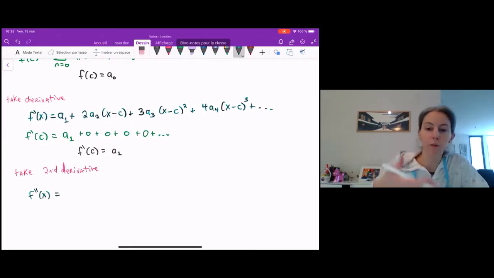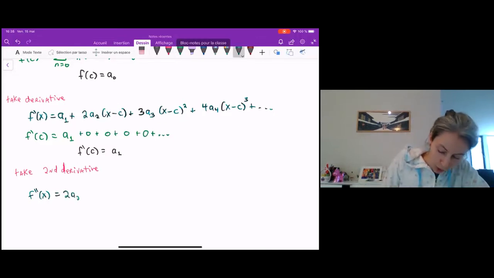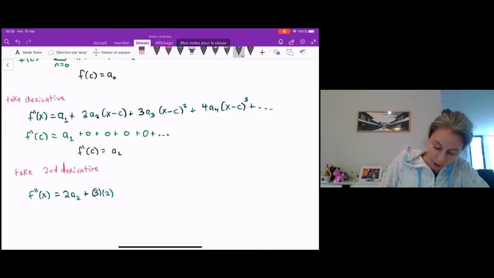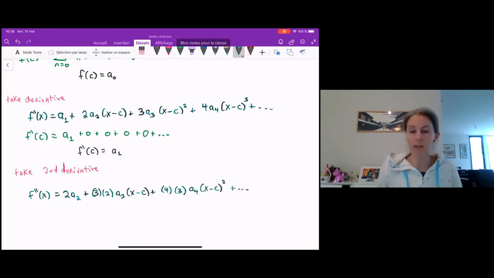And so now the derivative of the second part, 2a2 times x minus c, is just going to be 2a2 plus, then I'm bringing the 2 down, so I'll have 3 times 2 times a sub 3 times x minus c plus 4 times 3 times a sub 4 times x minus c squared plus, and so on and so forth forever. So notice I didn't multiply the 3 and 2 together to get 6. I didn't multiply the 4 and 3 together to get 12.